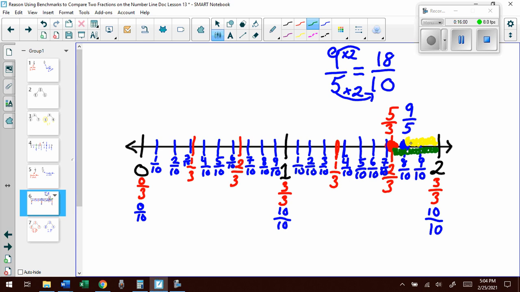Then we looked at our pieces, the size of the piece, to determine that thirds are larger pieces than fifths, so that would put them further away from 1/2.